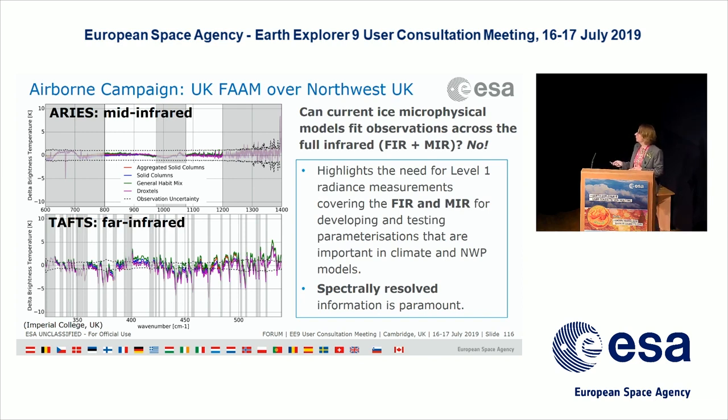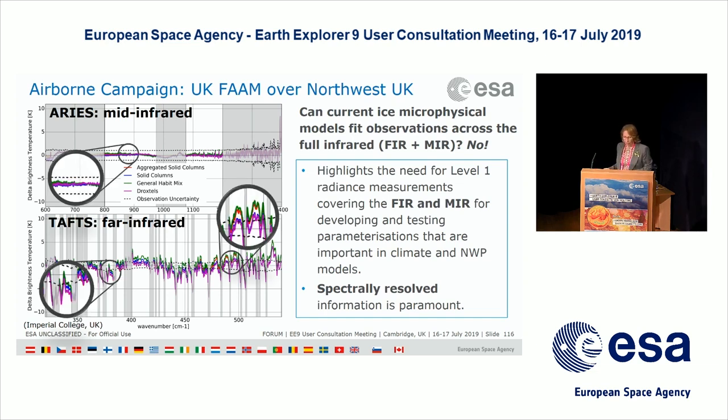These are the different colored lines. This is plotted for the mid-infrared and the far infrared, and the white areas are where there is sensitivity to cloud. It's quite a complicated plot, so I just want to highlight some areas.